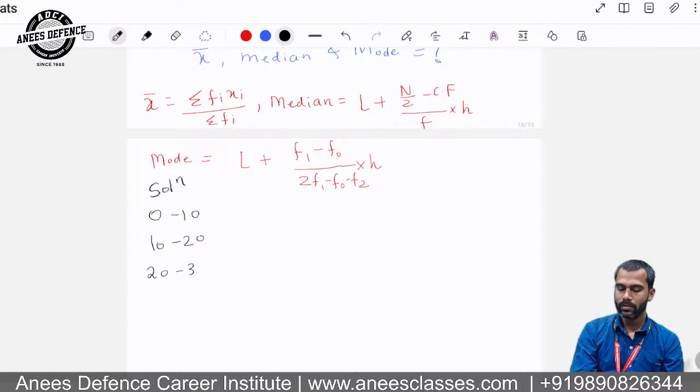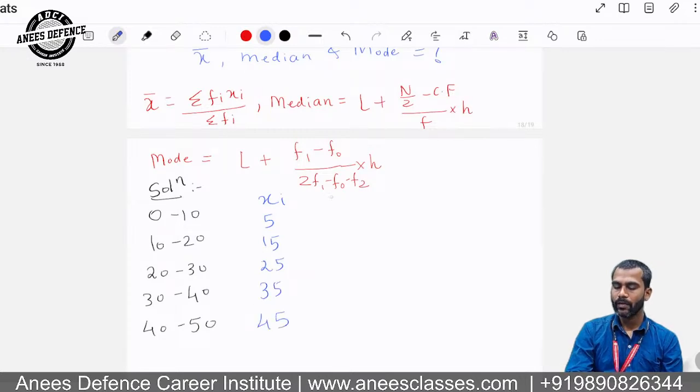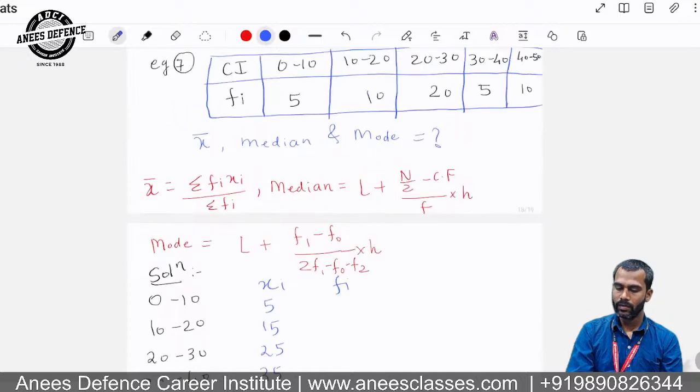So I'm solving this. 30 to 40 and 40 to 50. So what would be xi, I mean class mark? 5, 15, 25, 35, and 45. What is fi, frequency?